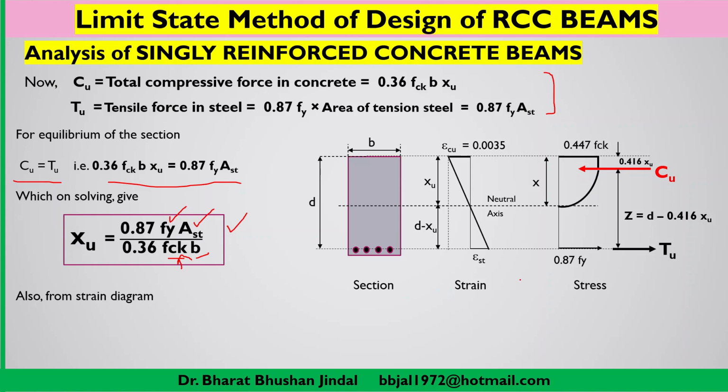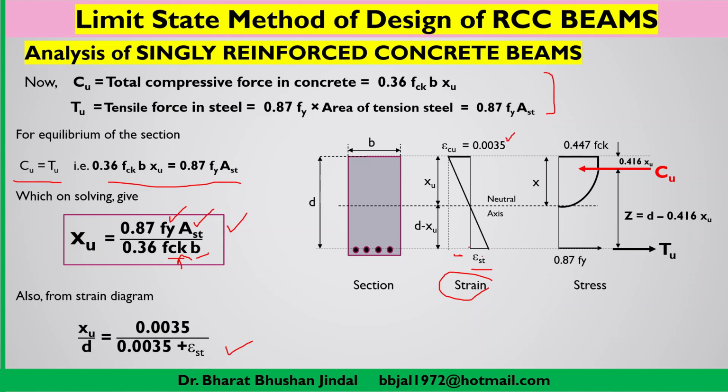Also from this strain diagram, by taking the similar triangle equation, we can also get xu by d ratio, that is equal to 0.33. Here you can see, if you take this whole triangle, then this will be 0.0035 plus epsilon st, and in another triangle you will get the value 0.0035.